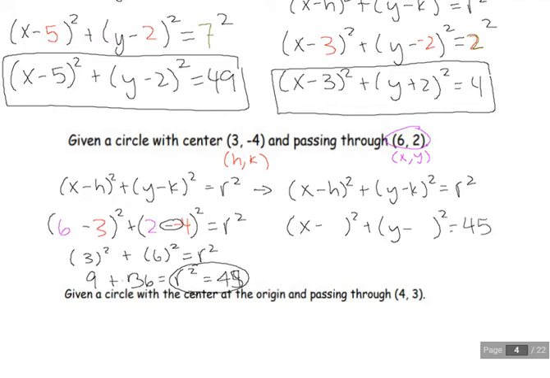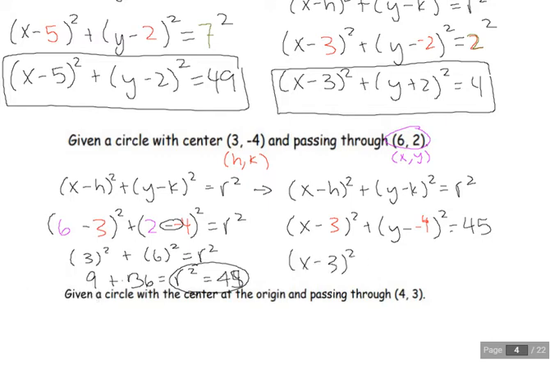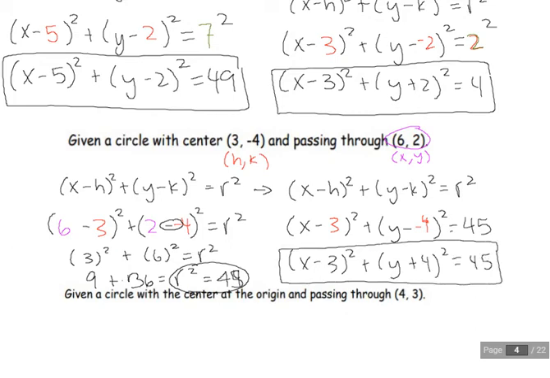We do have to substitute our center back in, so we have 3 and we have negative 4. And then in a cleanup step, because we do have a double negative here, we'll have (y plus 4) squared, and that's still equal to 45. Okay, and so hopefully you're seeing some repetition here, building from the equation to get our result.